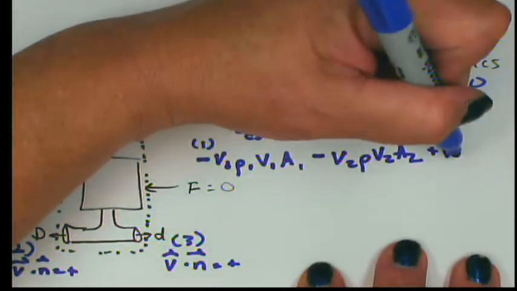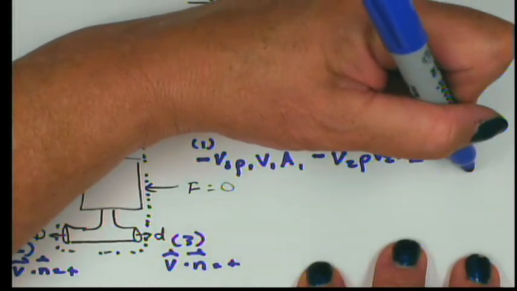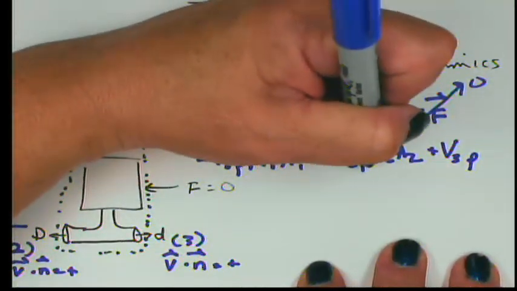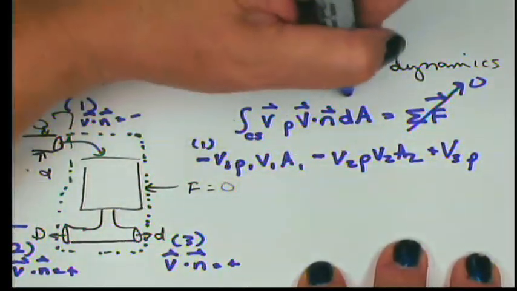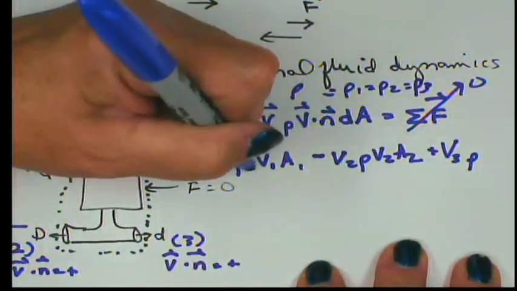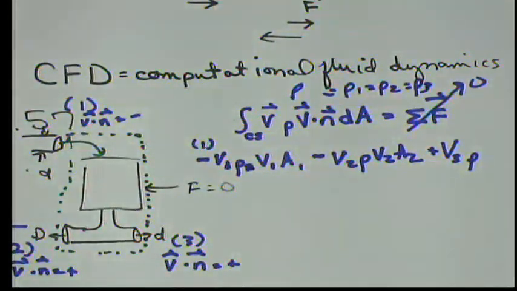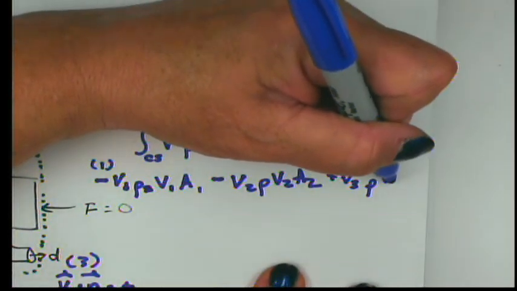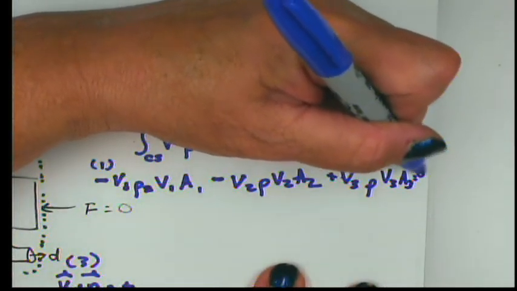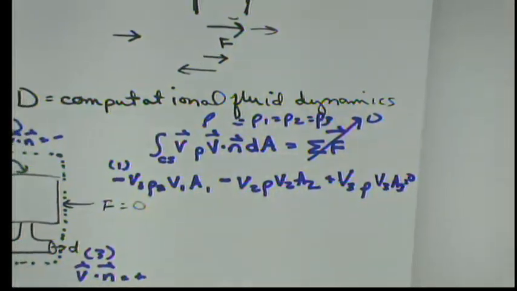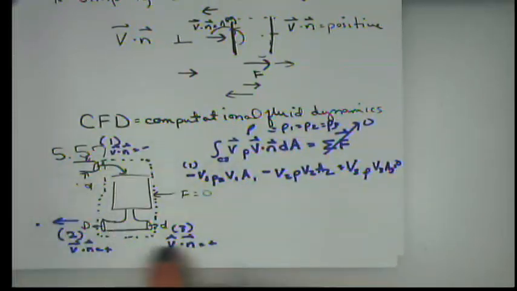So that's positive V3 rho V3 A3. Let's say, since it's water, rho1 equals rho2 equals rho3 equals just rho, so let's get rid of our subscripts there. Here we have V3 rho V3 A3 equal to 0. All right? And so there's my expression for what that equation is going to look like for this control surface surrounding this control volume.